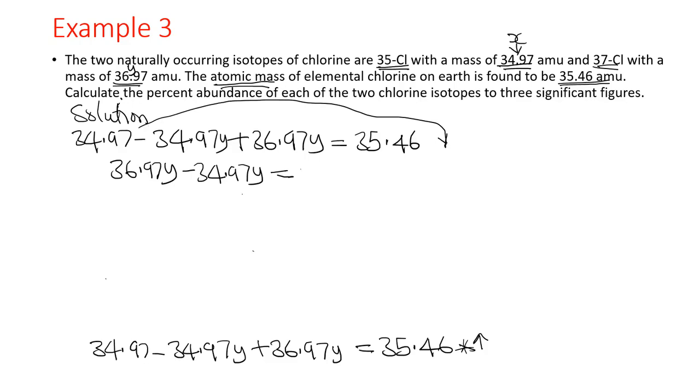So it's equal to 35.46 minus 34.97, which means 2y is equal to 0.49.